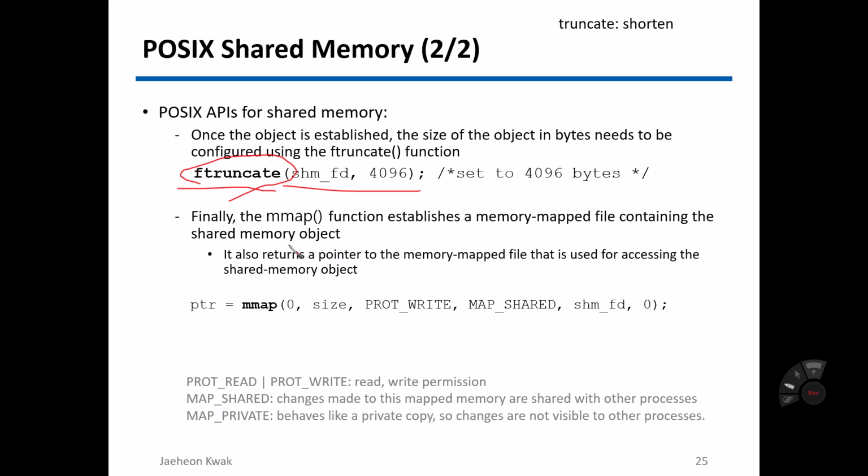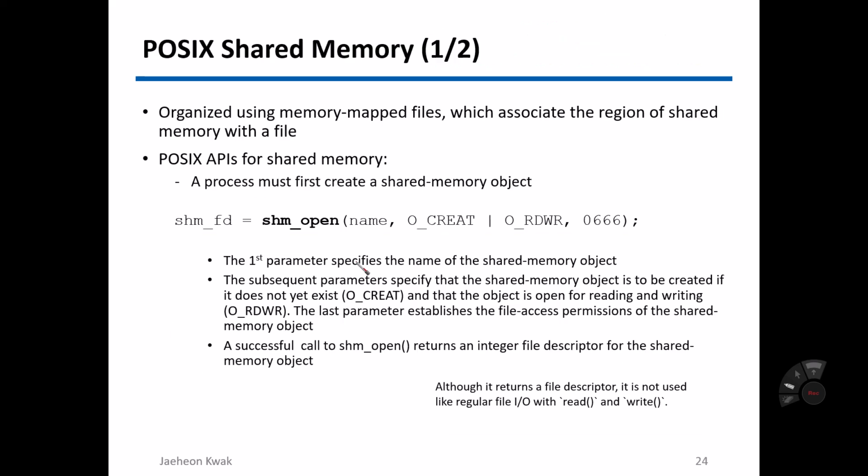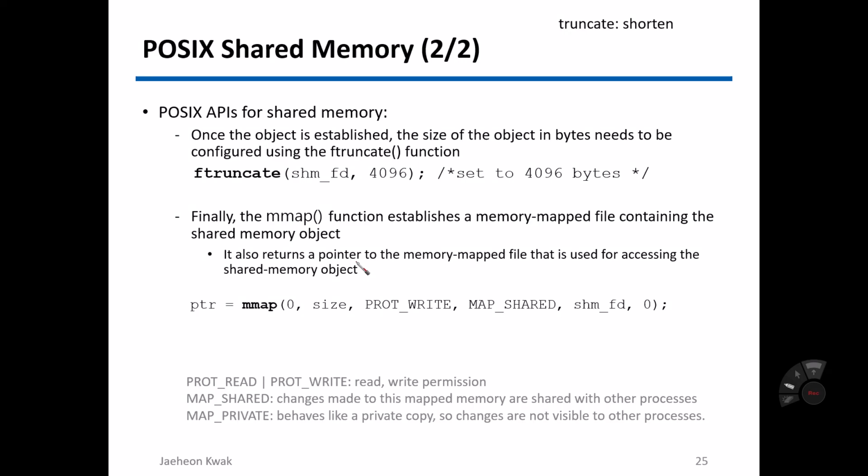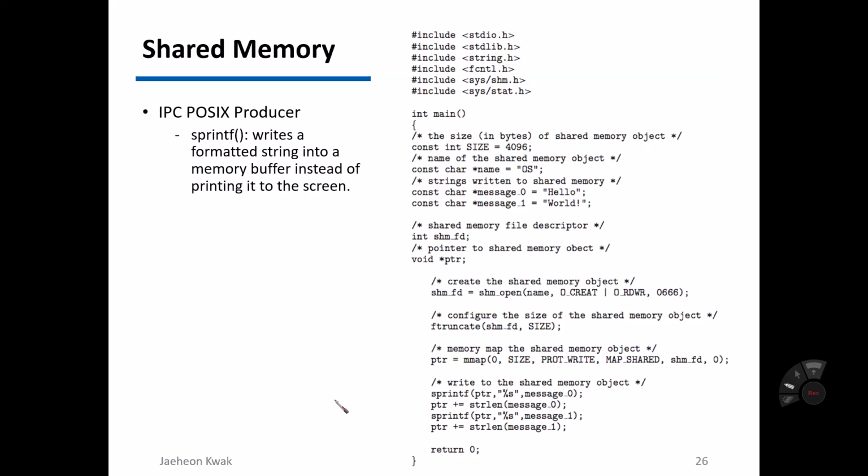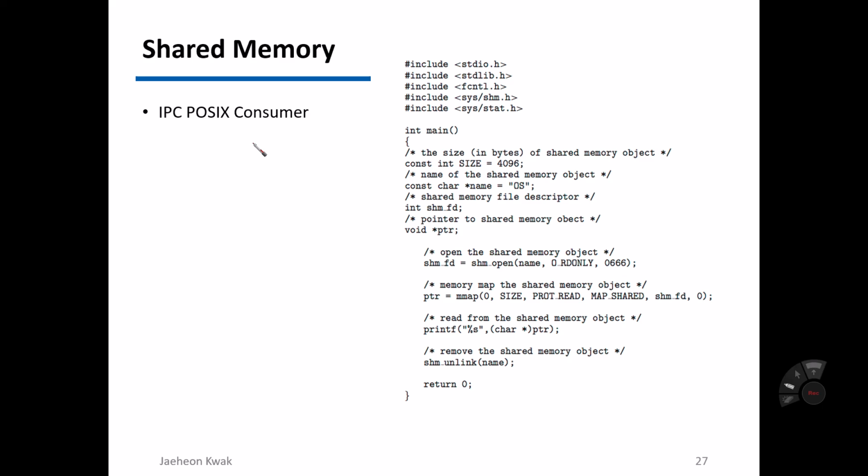And after setting its size, we can map the memory region as a file through this mmap. So after calling these three functions, we can have the shared memory region. For the details, you can read these parameters on your own. Okay, then let's see a real example code. So I prepared POSIX producer and POSIX consumer.